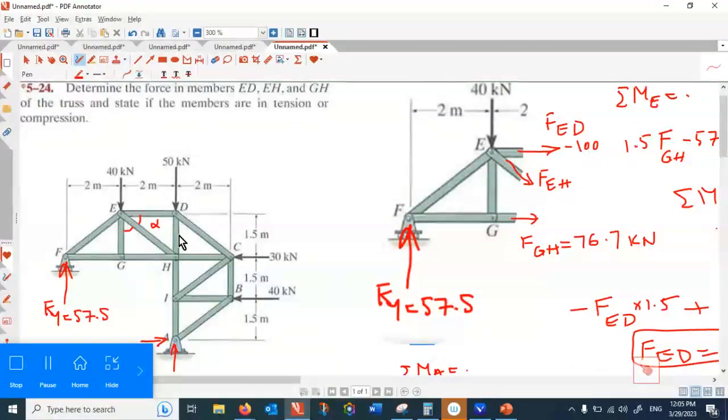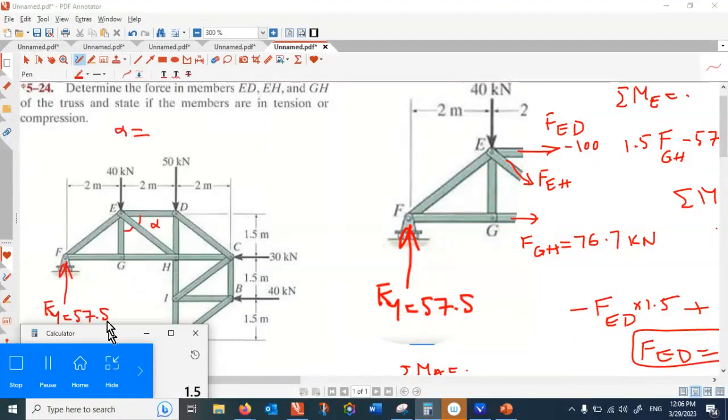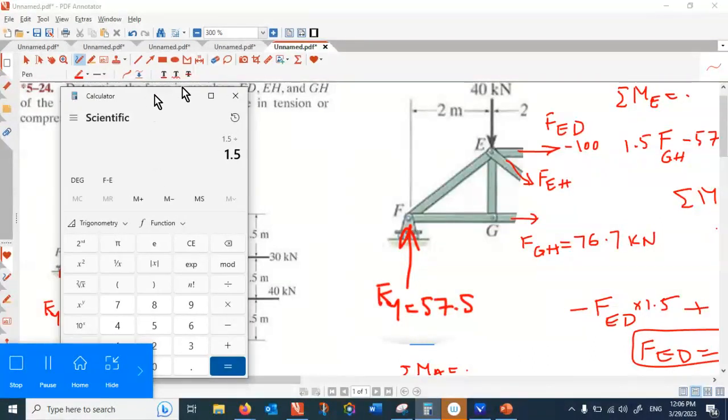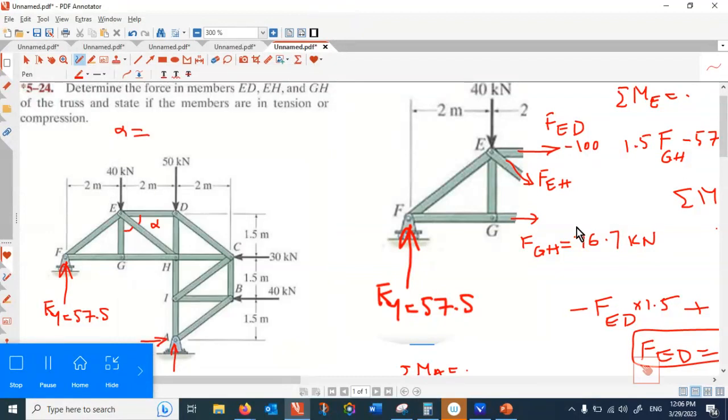So alpha is inverse tan of 1.5 divided by 2. Almost 37. Almost 37.